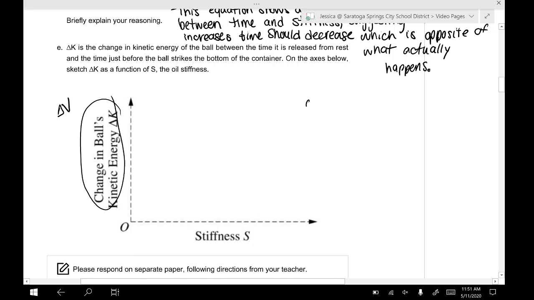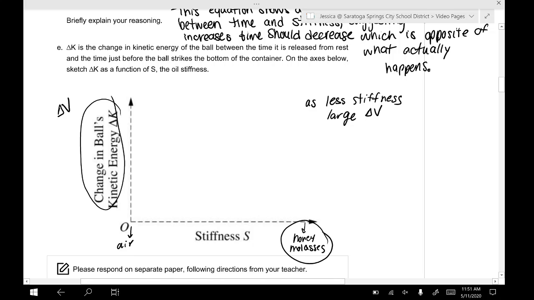As we have less stiffness, I would expect a large change in velocity, because zero stiffness would essentially be air, whereas larger stiffness might be something like honey or molasses. And I would expect the ball to move very slowly through honey or molasses and very quickly through air.